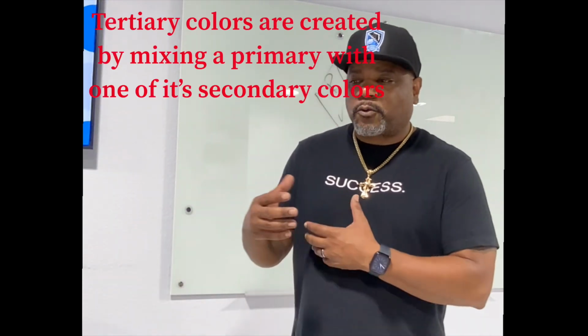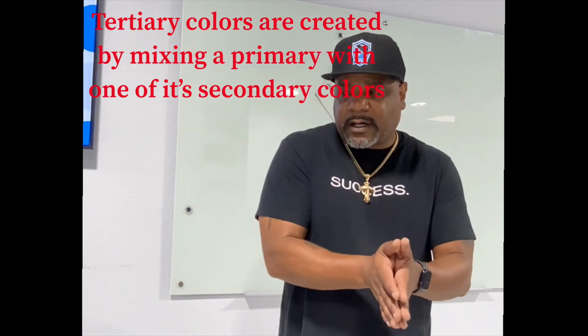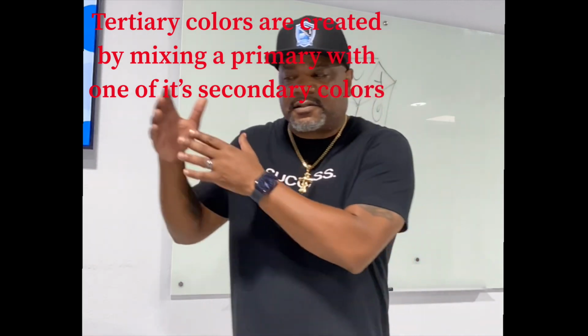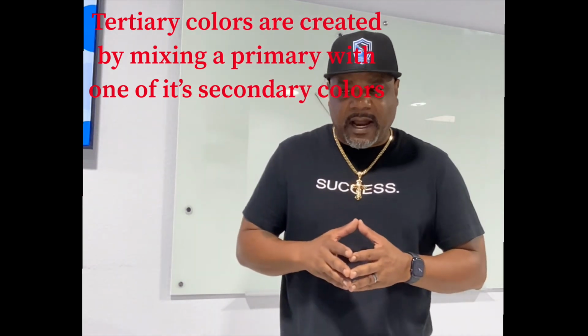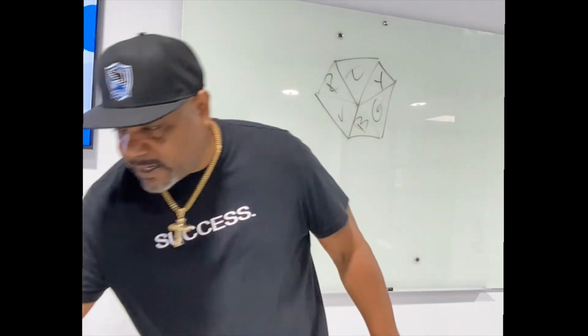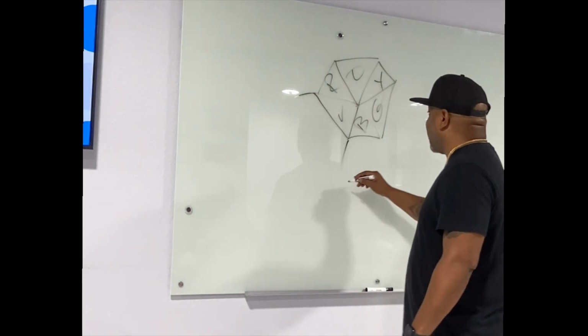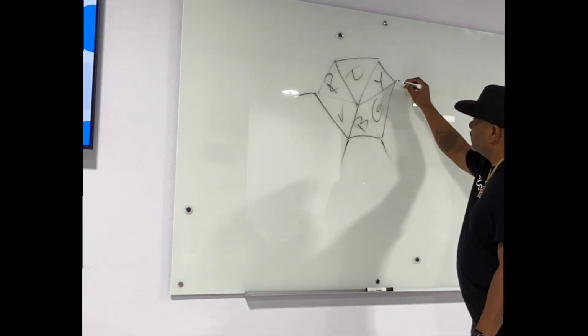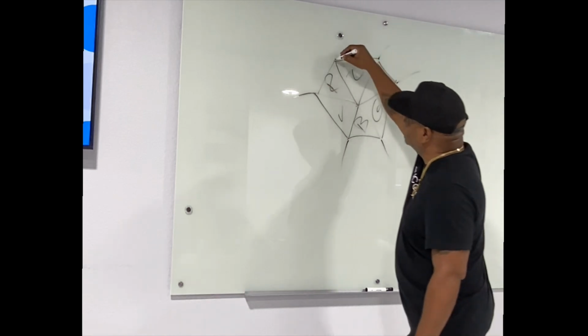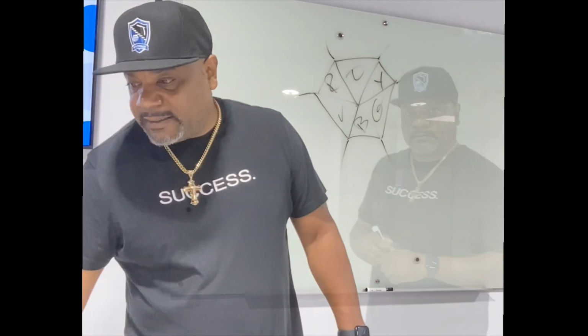These are also known as quaternary colors, and they're created by mixing equal parts of a primary color to one of its adjacent secondary colors. Blue-green, blue-violet, red-violet, red-orange, yellow-green, yellow-orange, right? Now see that? Tertiary.